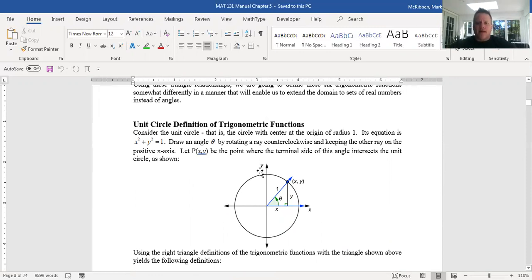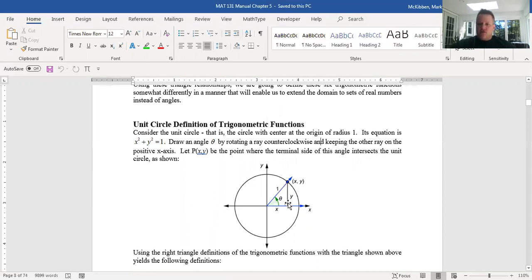All right, so to that end, let's take the unit circle, which is x squared plus y squared equal to 1. And I'm going to take a theta that's, let's say, some positive angle, and I'll just draw it as though it's in the first quadrant. Doesn't have to be. But wherever that ray hits the circle, I'm going to label that as x and y. Given that it's the unit circle, the radius is 1.